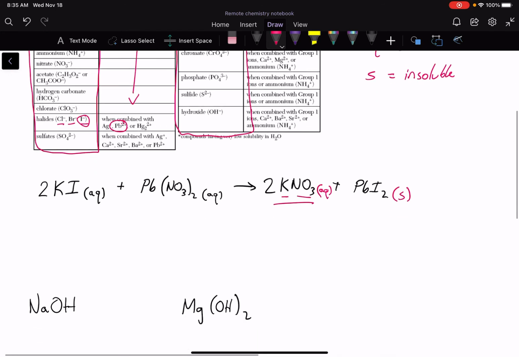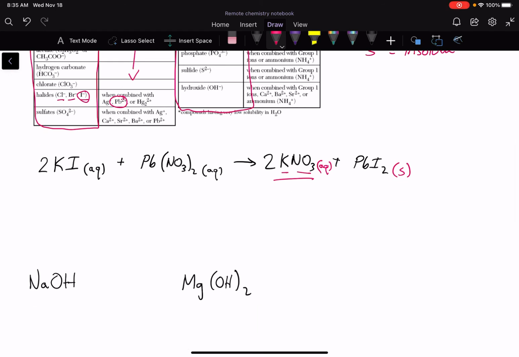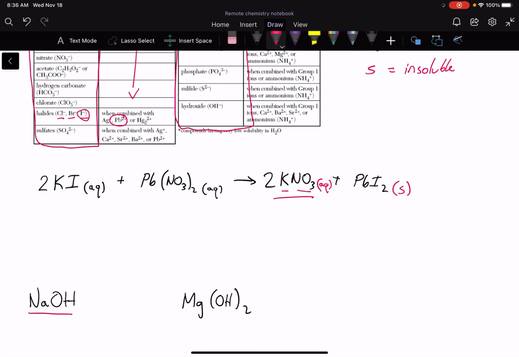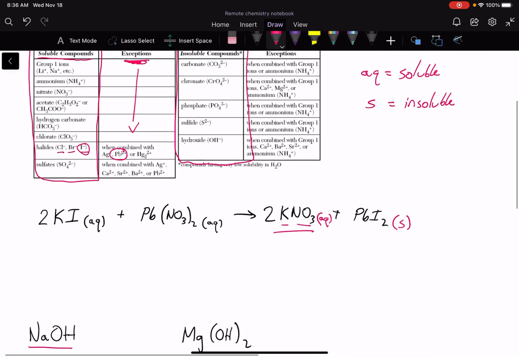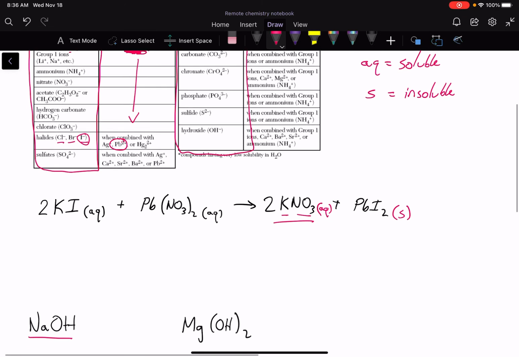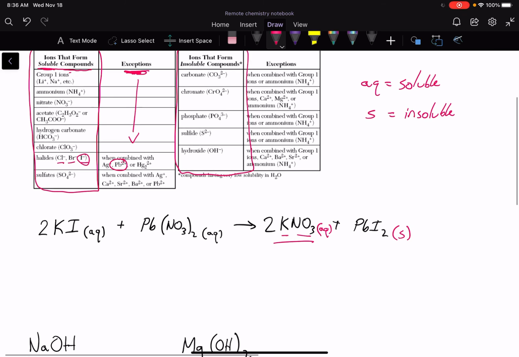Okay, so let's look at a couple more examples here. We're going to do sodium hydroxide. You can either look for sodium or hydroxide in this table, and let's do both just for some practice. Sodium is a group 1 ion, so that would be right up here at the top. And you can see that group 1 ions are always going to be soluble with no exceptions. So this should be soluble, but let's take a look at hydroxide.